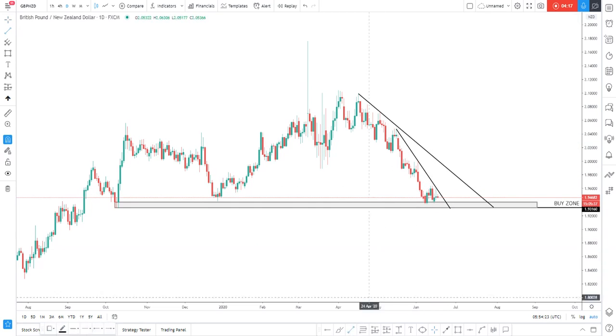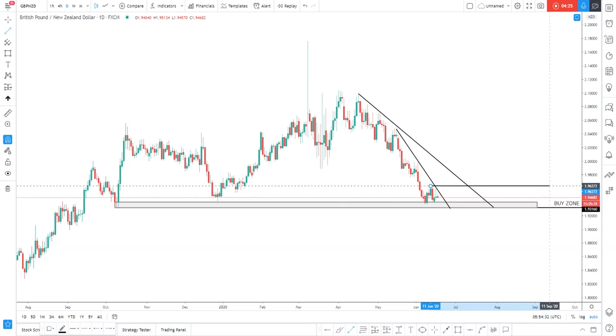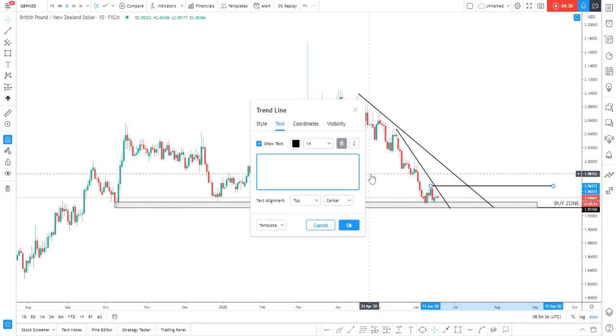So what I'll do is pick up my trend line tool and drag it right. I'll be watching for a break of the area of structure.